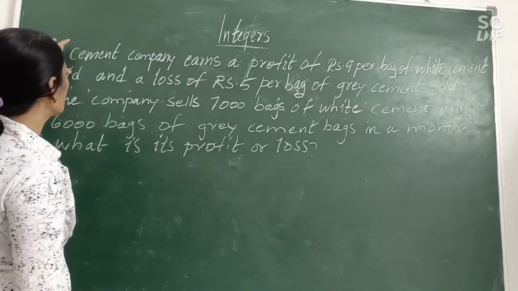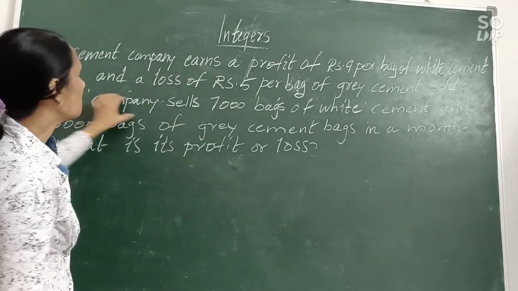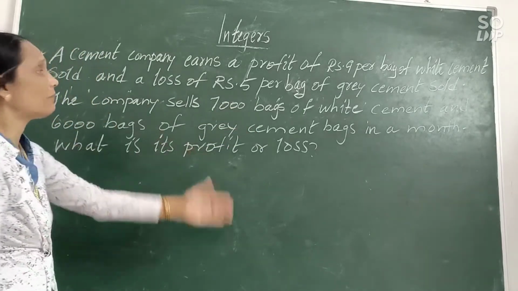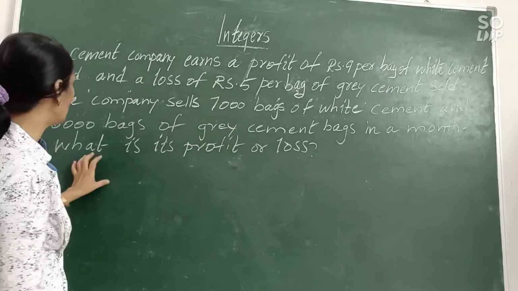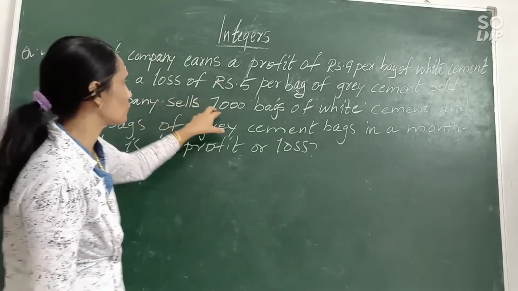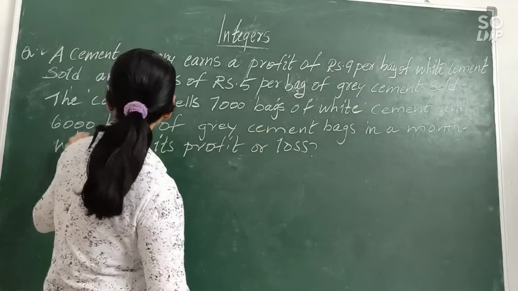Another question based on the same matter is, the company sells 7,000 bags of white cement and 6,000 bags of grey cement in a month. What is its profit or loss? So total number of white bags sold is 7,000 and total number of grey cement bags is 6,000.